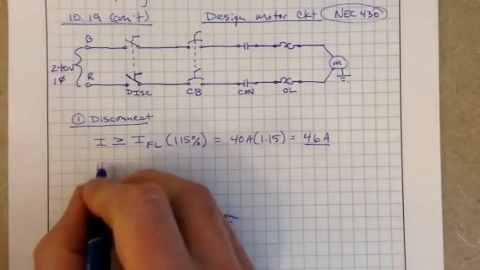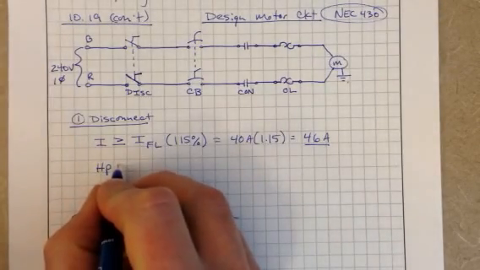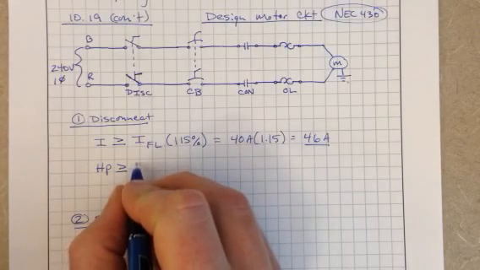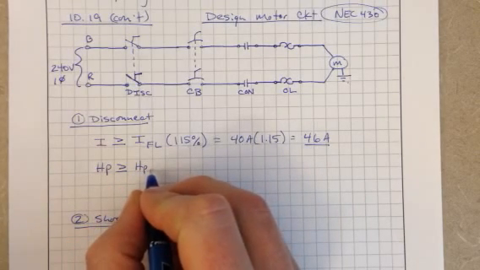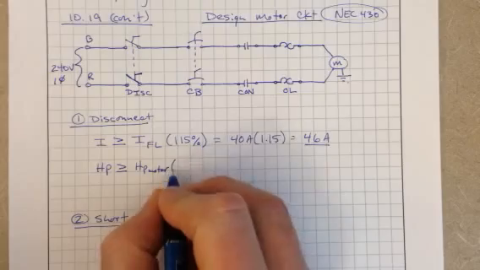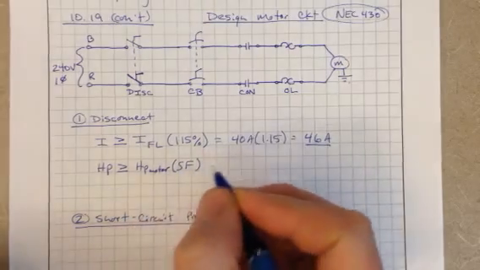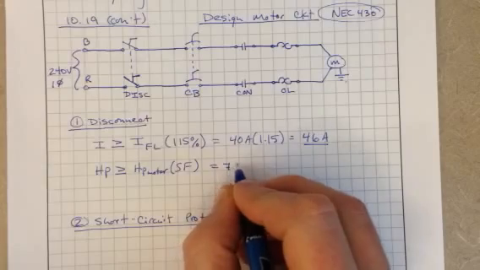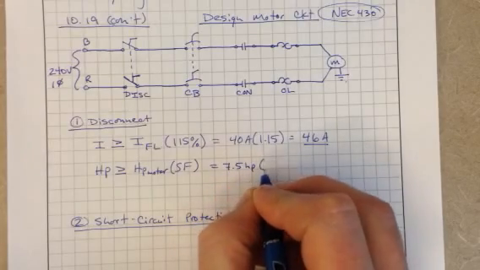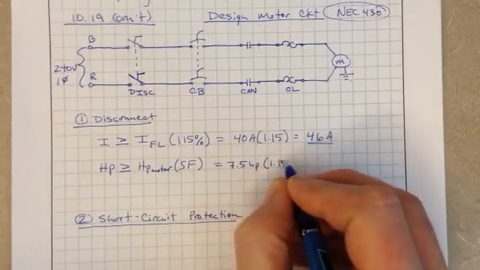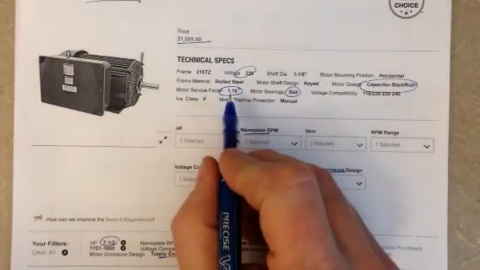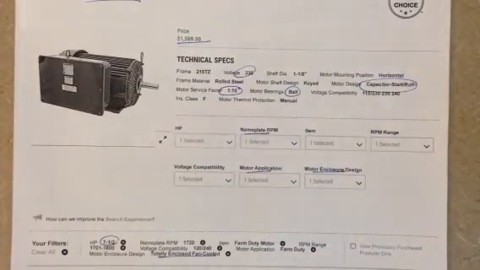We also need the horsepower of our disconnect to be greater than or equal to the horsepower of our motor times the service factor. We have a horsepower rating of 7.5 horsepower, and if we look back at the motor we selected, a service factor of 1.15.